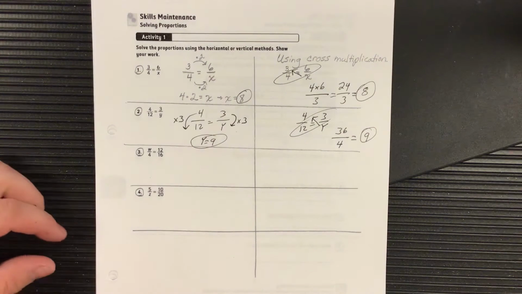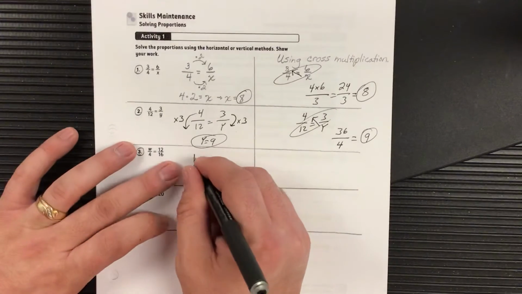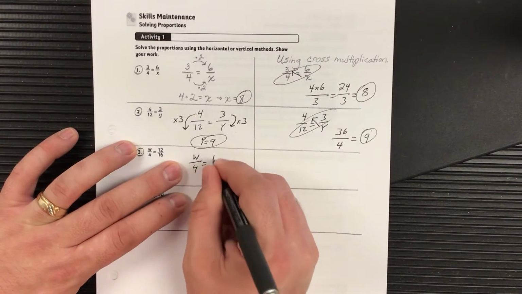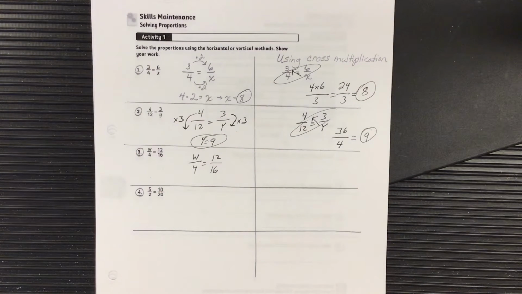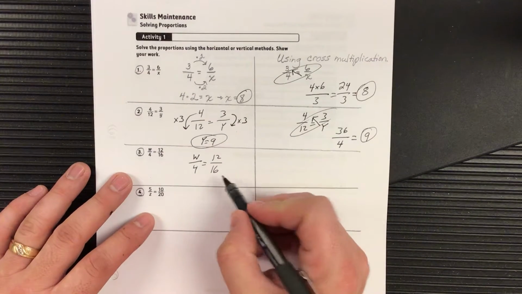Do one more before I have you try one. I'm going to have you try it both ways. Again, you can draw vertically or horizontally. Which way do you want to go? Vertically. Can't. 12 times what is 16?